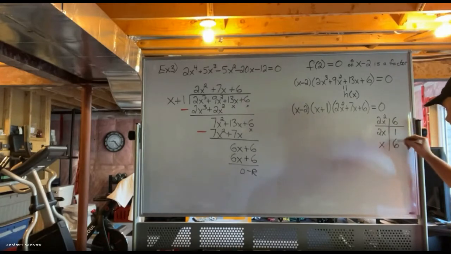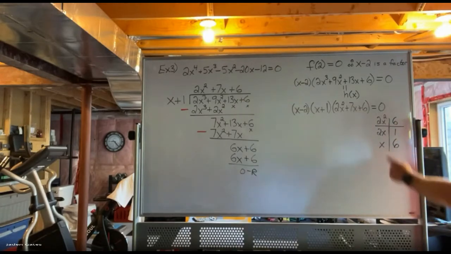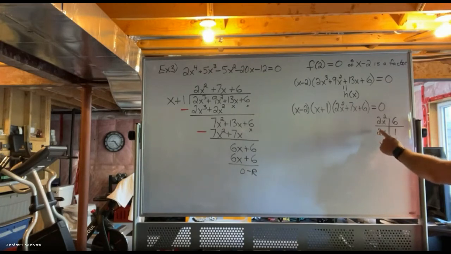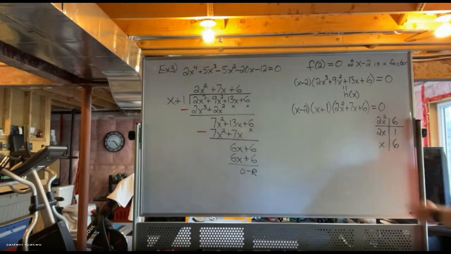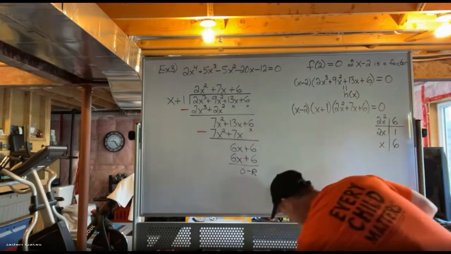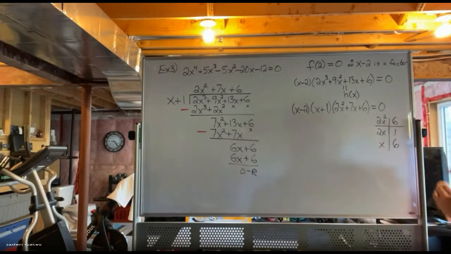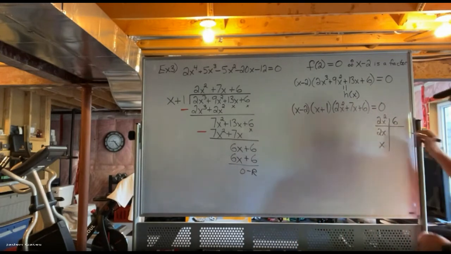Let's see what happens. Cross multiply here. I get 12x plus 1x. That's 13x. That's not even close to 7x. Let's switch the numbers.